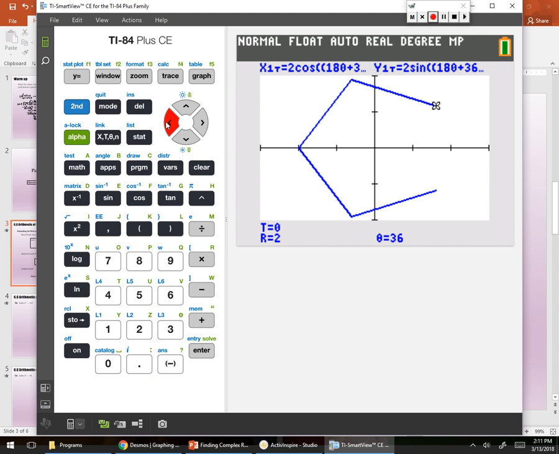You have a circle too? Why do you get a circle? Yeah, make sure your window is what it says.